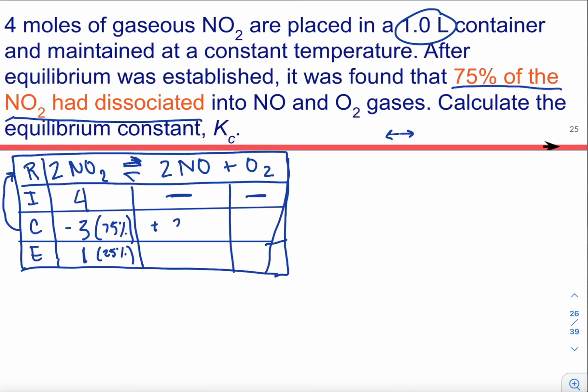So here we're going to add 3. But for our O2, our coefficient is a 1. So if 2NO2 makes 1 O2, that means we're going to cut that 3 in half. So here we'll add 1.5. Then we have 3 and 1.5. You can ignore this, that was just from the problem.